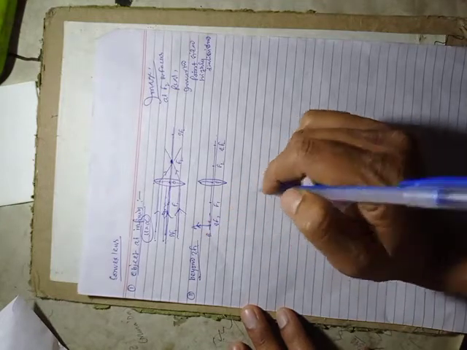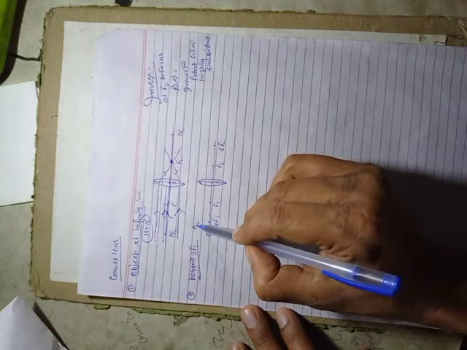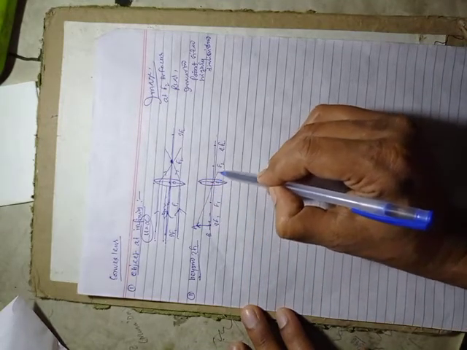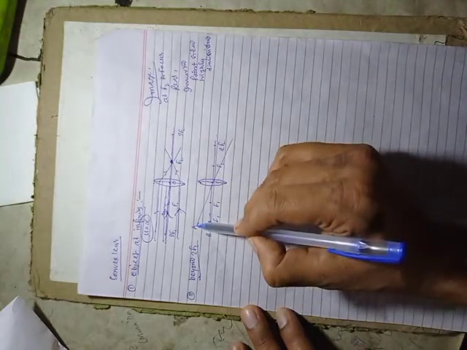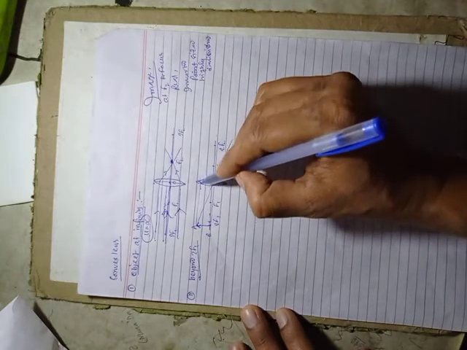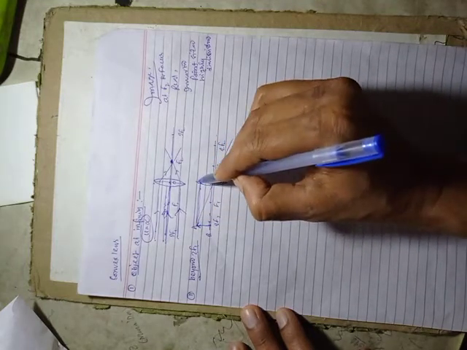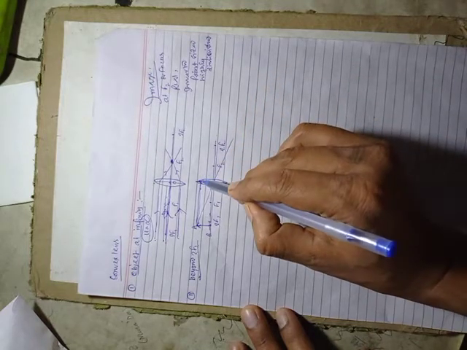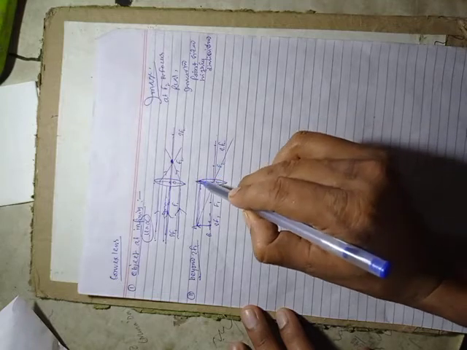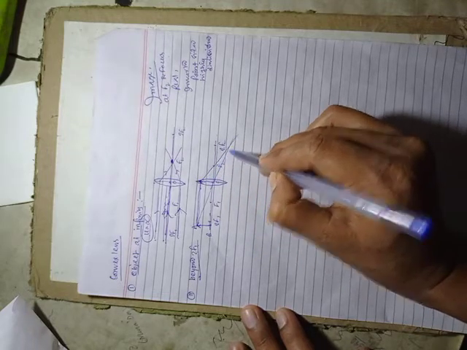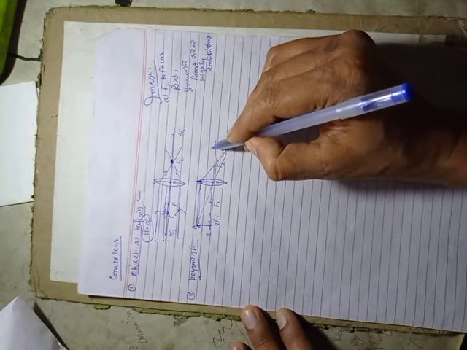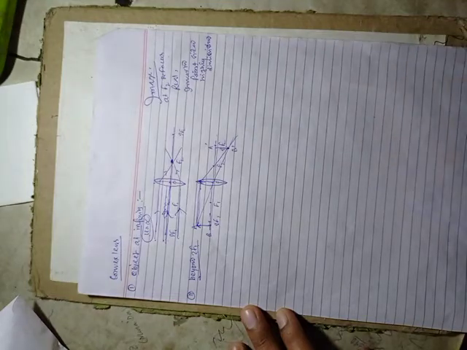One ray will pass directly through the principal axis undeviated, and another ray will fall on the convex lens, then refract and pass through the focus. They both will meet at this point, so the image will be here. That will be A dash B dash.